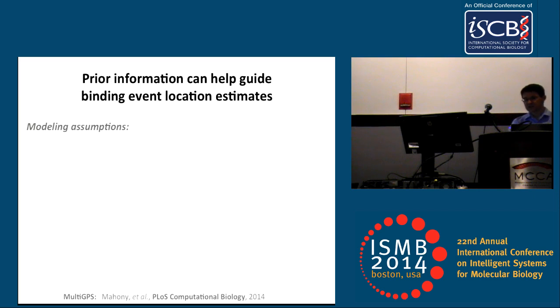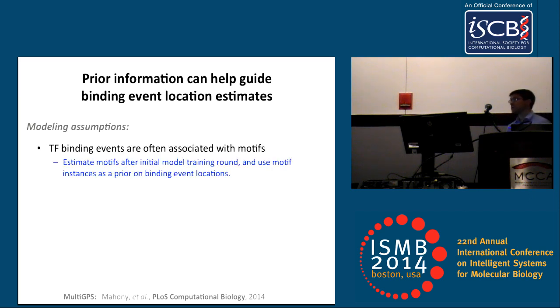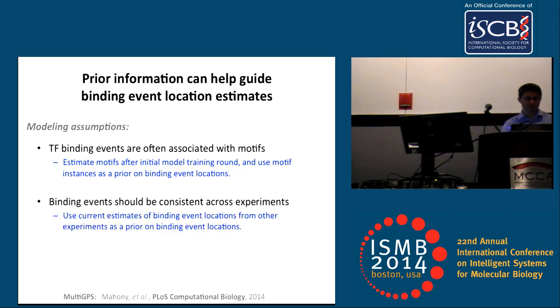The first is that for transcription factor binding events, at least, we know that they're often associated with motifs. So we're going to incorporate motif analysis into our ChIP-seq analysis pipeline and, using a positional prior, try to encourage binding events to align with motif instances.